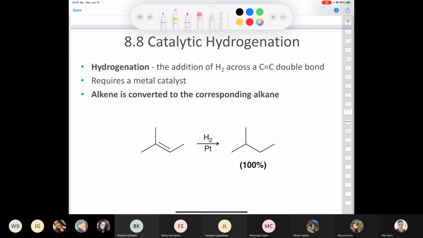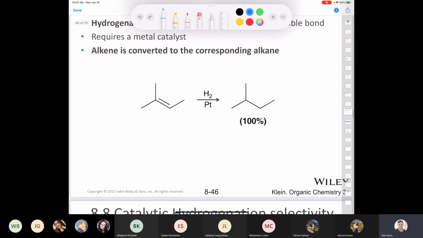All right. So catalytic hydrogenation is the addition of H2 across a double bond, right? You know that H2, or if you just have hydrogen in the periodic table, this is hydrogen, okay? This is a hydrogen atom, but we know that hydrogen is a diatomic molecule, so we call H2 hydrogen as well.